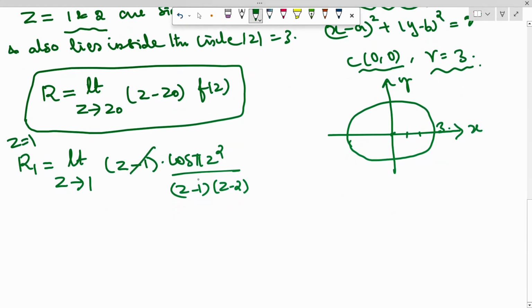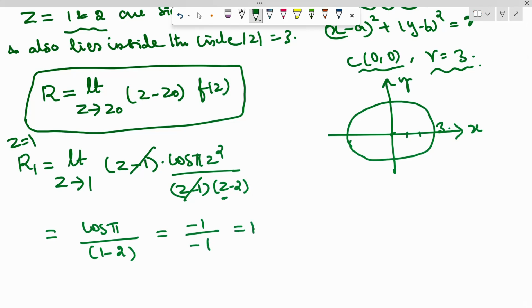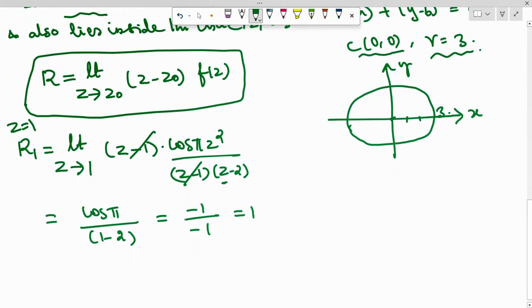Now we remove the common (z − 1) terms and apply z tends to 1. We get cos(π·1²) divided by (1 − 2). The value of cos π is −1, divided by 1 − 2, which is −1, equals 1. R1 value is 1.